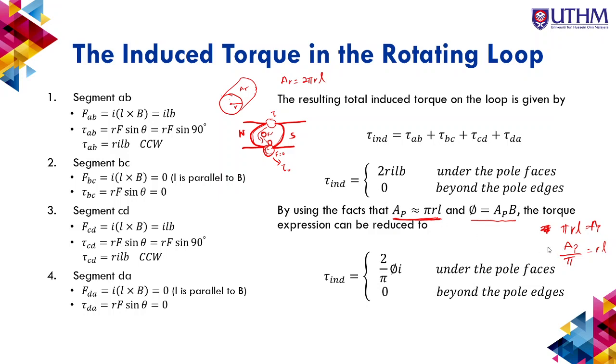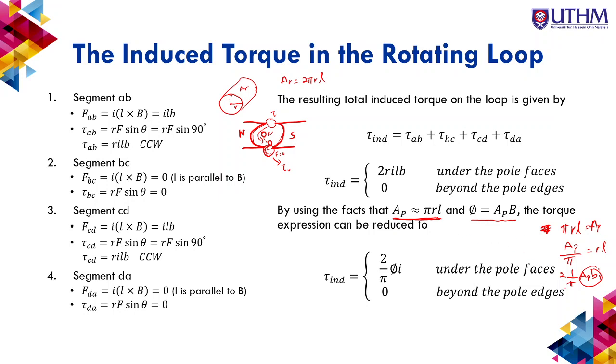Once we have that, we have A, and we put like this, A pole B over pi times 2, right? So this AB, and there is also one more I. This AB is equal to the flux.